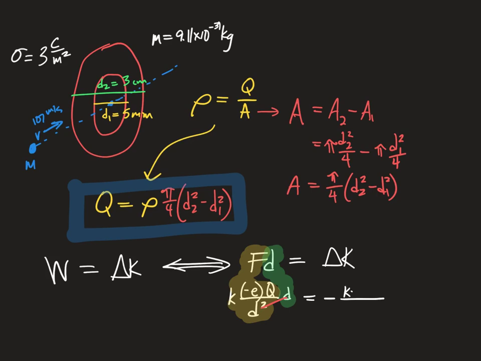So we'd have Coulomb's constant, the fundamental charge on the electron in the electron beam, and the charge density, coming back up here to our definition of Q. We'd have the 4 and the remaining D left over down there, and then all that stuff left over from above, D2 squared minus D1 squared. So I just wrote the work part of this equation.